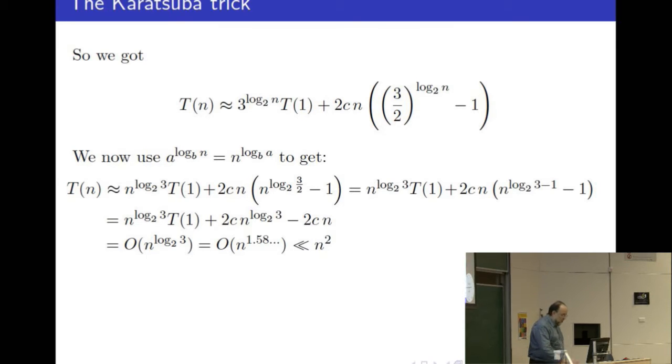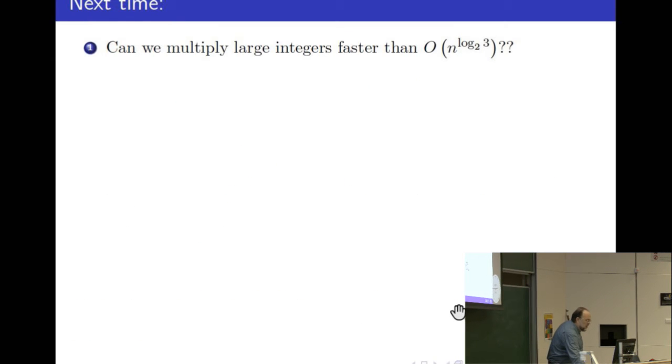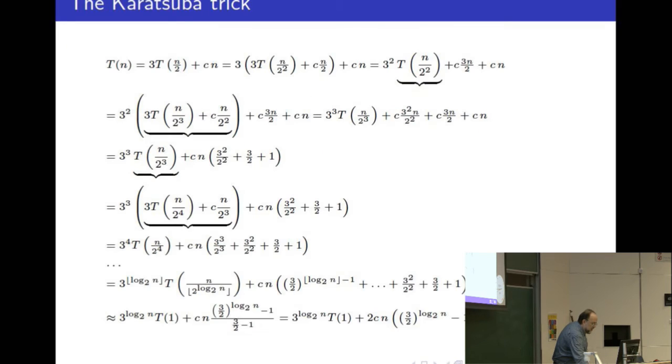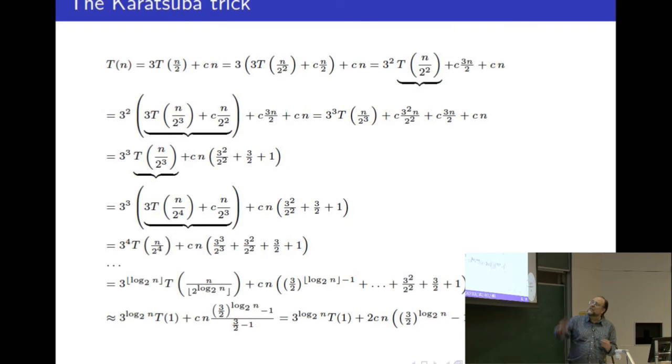Now, how can we summarize this whole calculation? Well, it's very easy to explain this. What is happening, we did just a few very simple things. First, we are unwinding the recurrence, right?